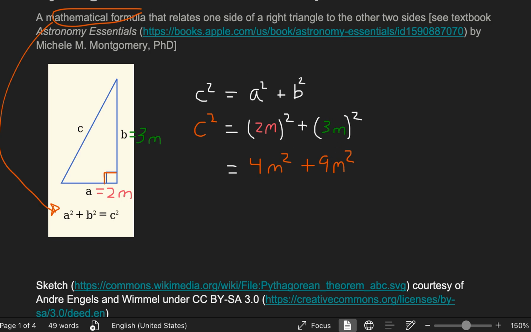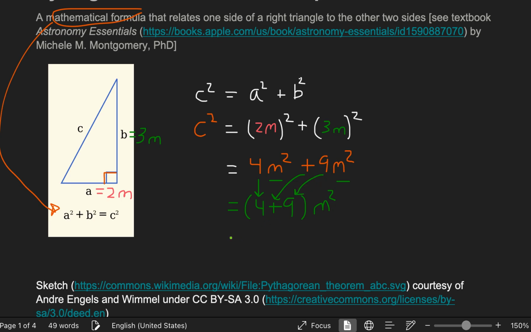Now, because meters squared and meters squared are the same, the units are the same, we can carry the units down and put parentheses in the front where we take the 4 and add it to the 9. All I did was pull the meter squared out because they have the same units, and I just carried the 4 down, I carried the plus down, and I carried the 9 down.